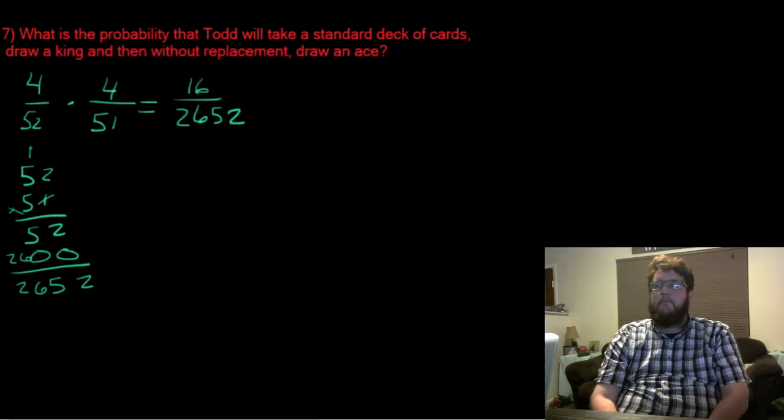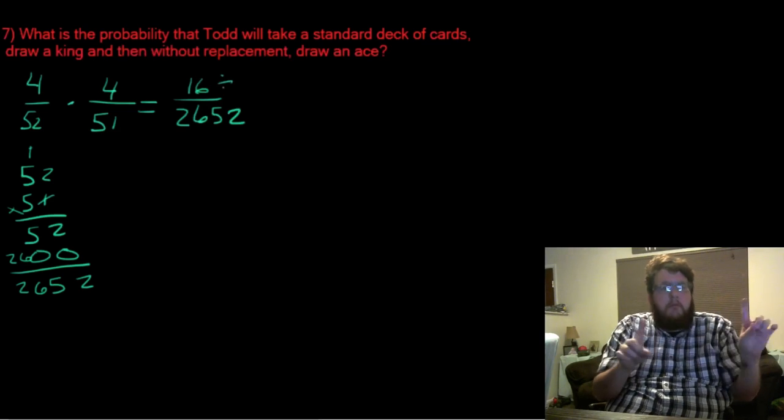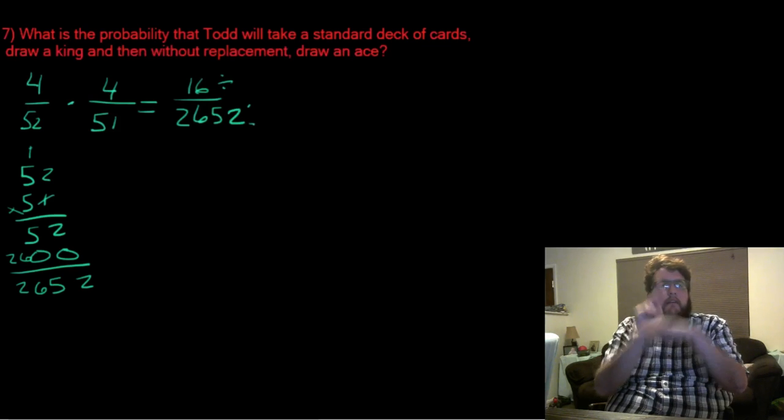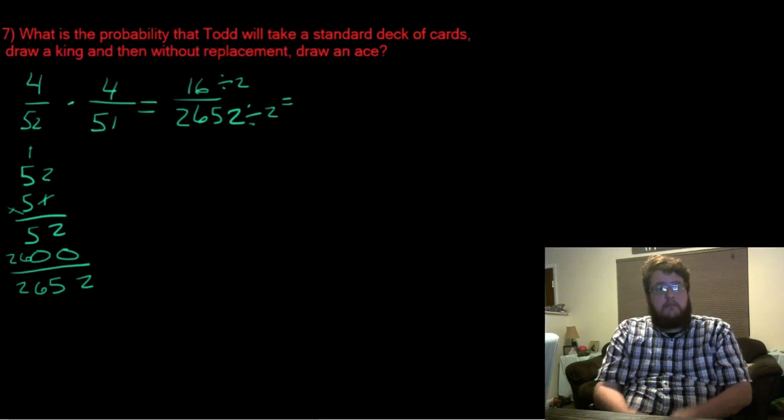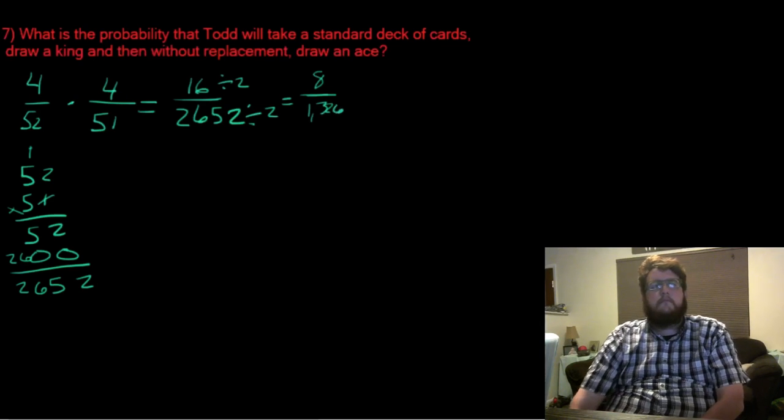2,652. And I don't know if 4 can go into both of these numbers, but we can start with 2 and see what happens, because I know both of these numbers are even. So I can divide them both by 2. 16 divided by 2 is 8. And 2,652 divided by 2 is 1,326.